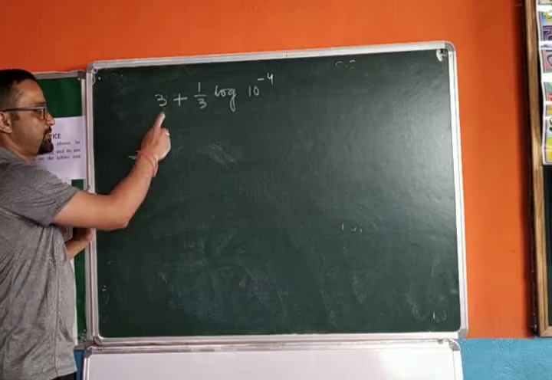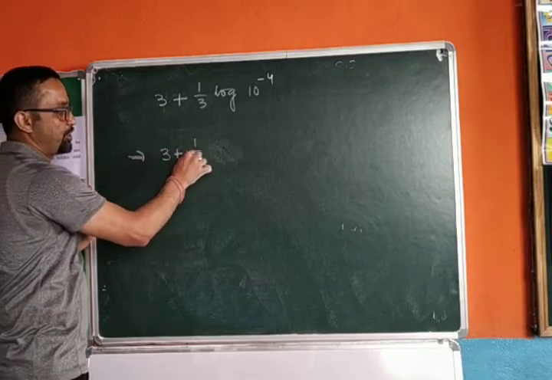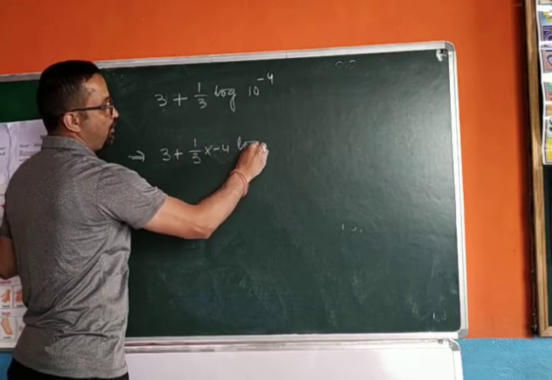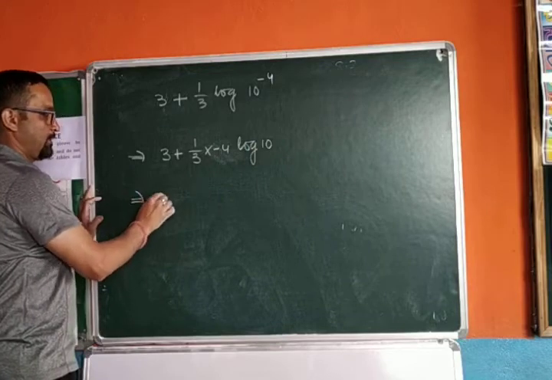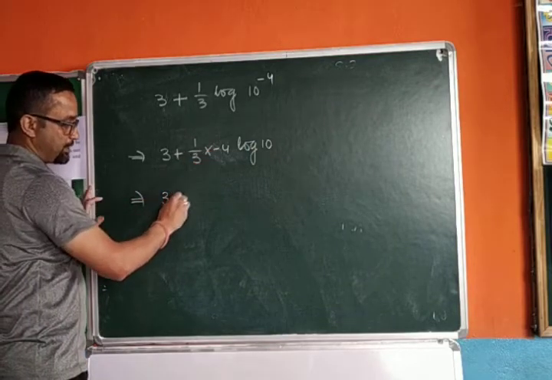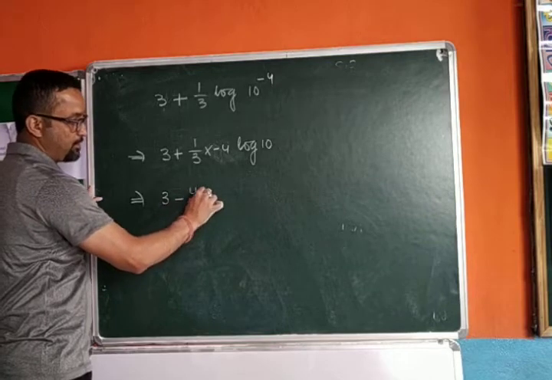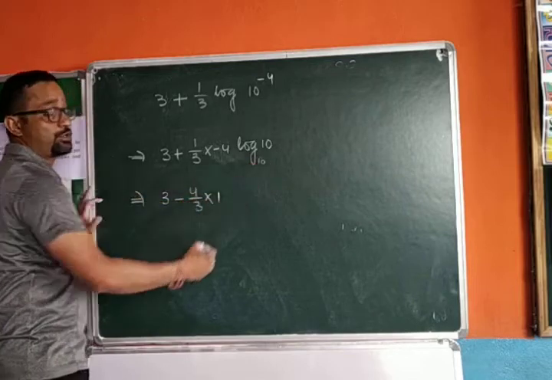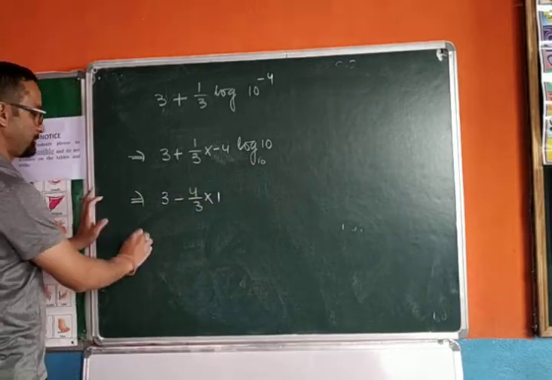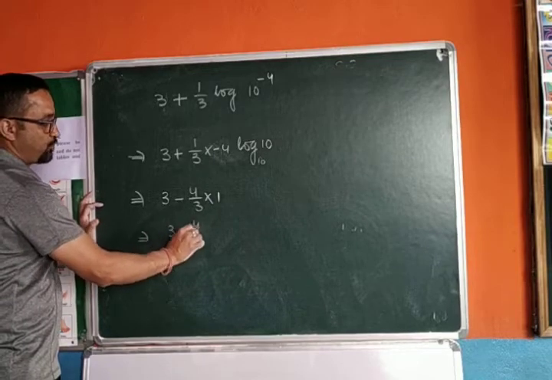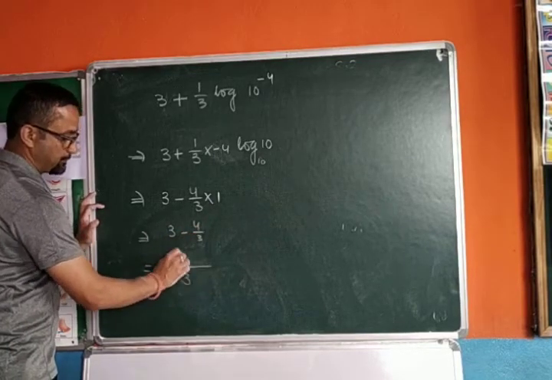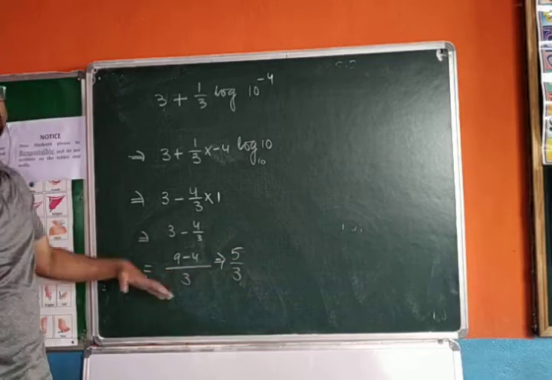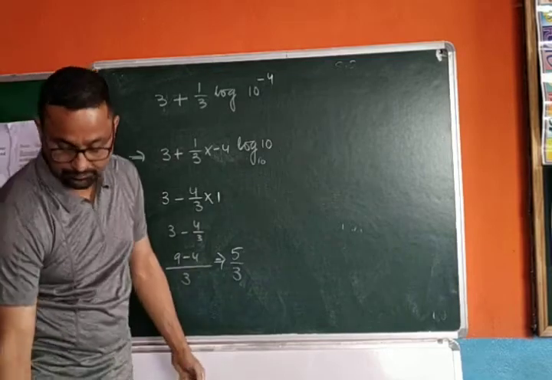We write as it is 3 plus 1 upon 3, the power we bring in front of the logarithm, log 10. 3 plus into minus is minus, 4 upon 3, log 10 is 1 because base is considered as 10. 3 minus 4 upon 3, LCM is 3, 9 minus 4 which equals 5 upon 3. Similar sum, solve it yourself from the exercise.